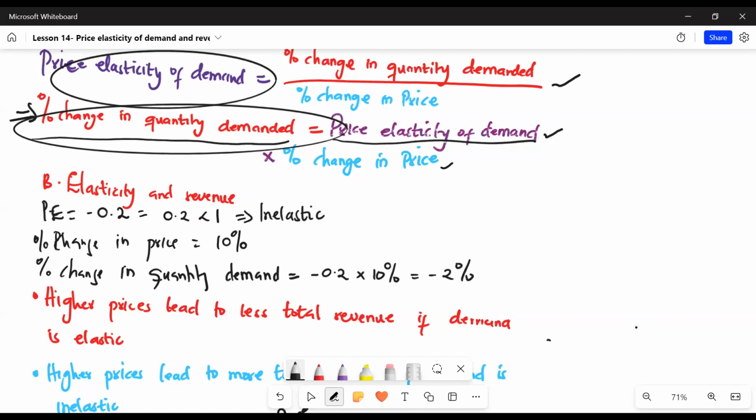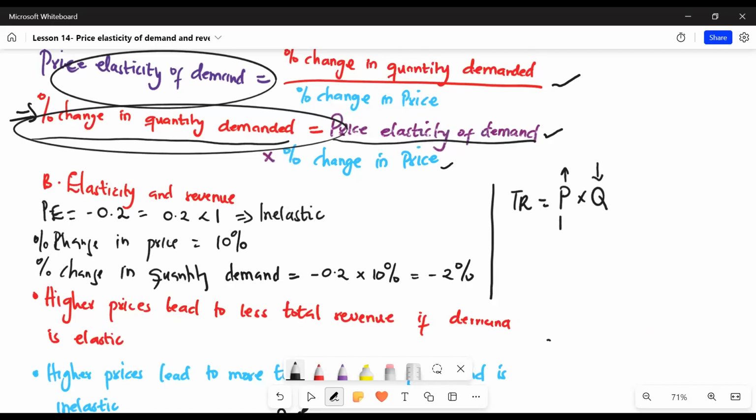Now, what does this mean for profit? Remember that a firm's total revenue is calculated as the price times the quantity. So when price increases, according to the law of demand, quantity will reduce.